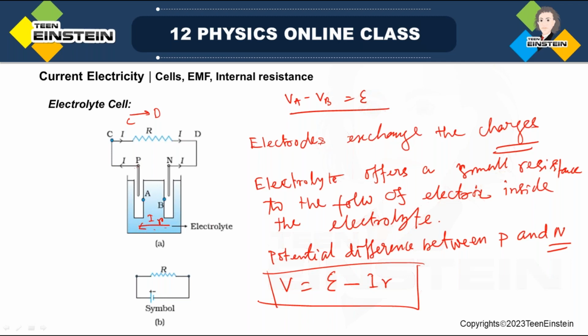So we get this effective potential when the electrodes are connected to each other.